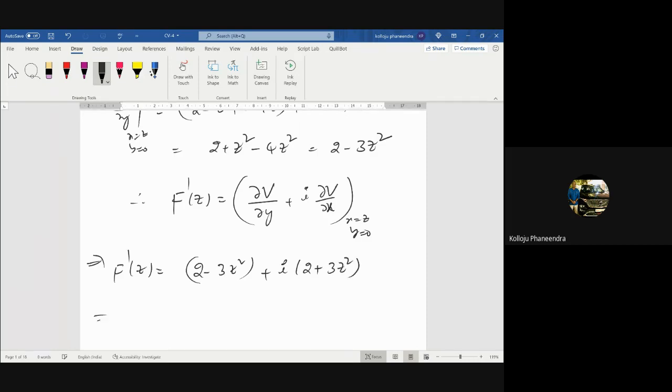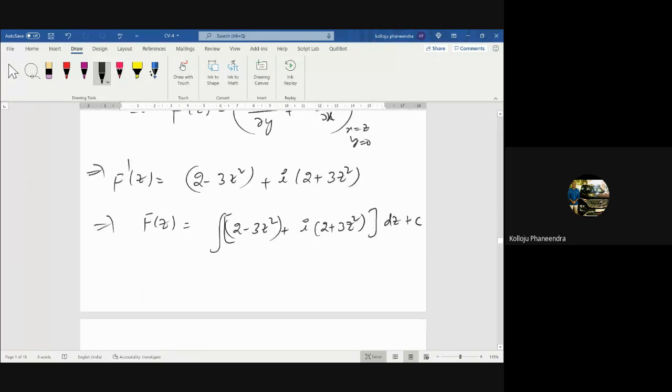Done. This implies F of z is nothing but the integration of 2 minus 3z square plus i into 2 plus 3z square, dz, plus c.